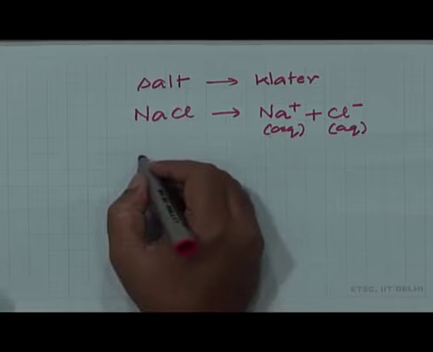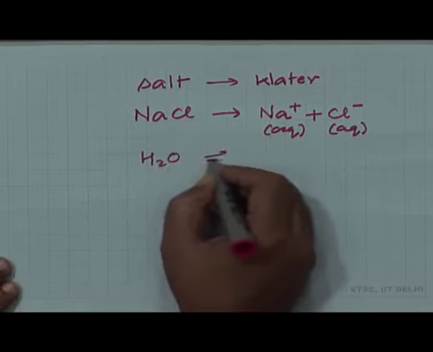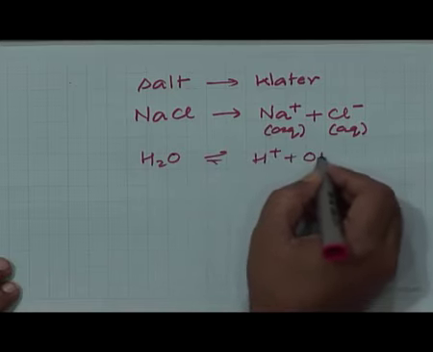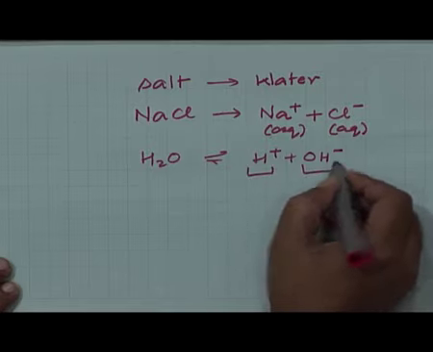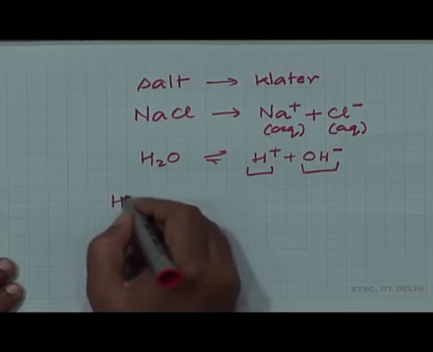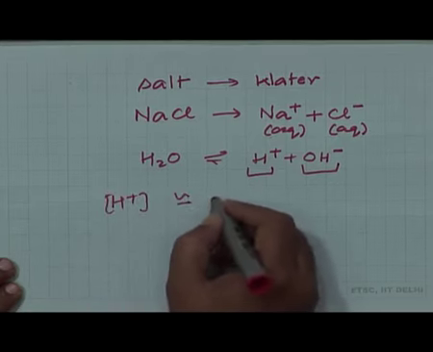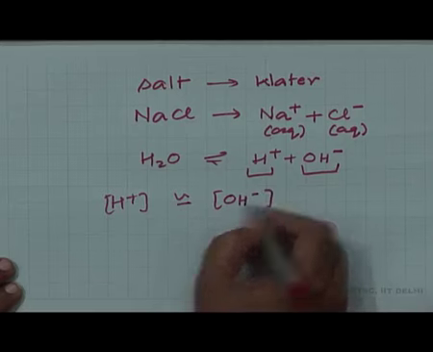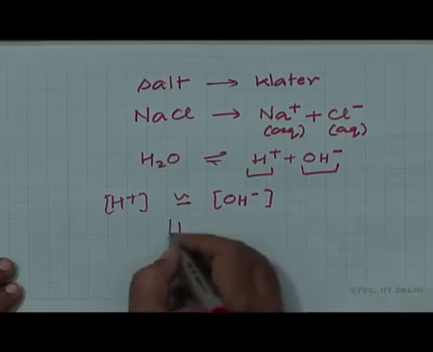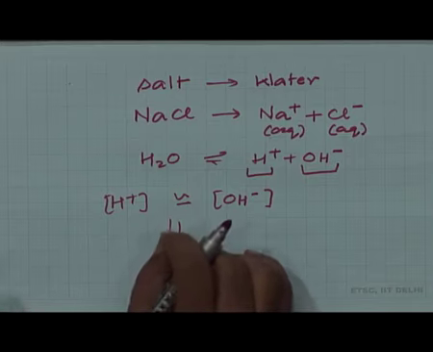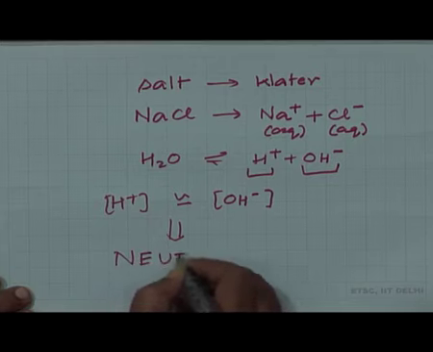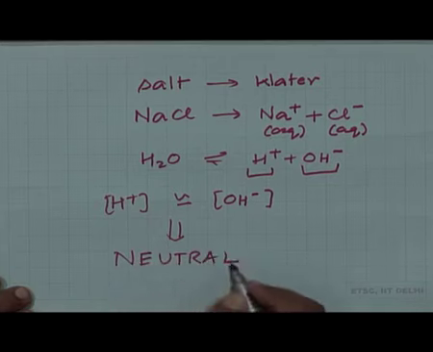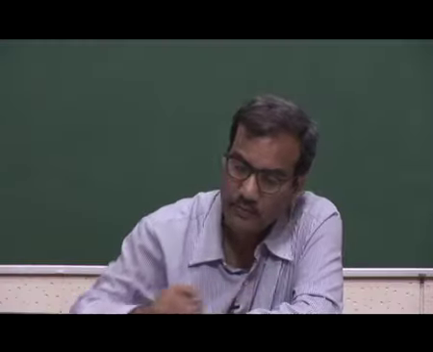Whatever H plus comes will come from H2O, and the concentration of H plus and OH minus will be equal, and so the aqueous solution of NaCl is neutral. Now, take a solution of HCl.